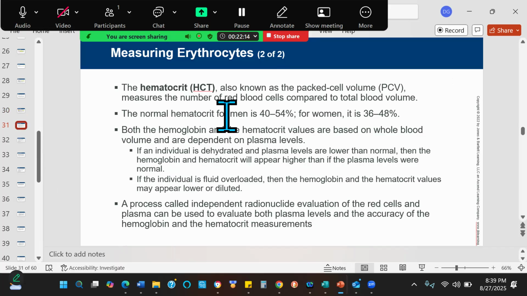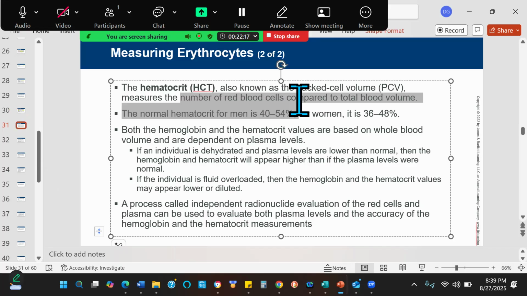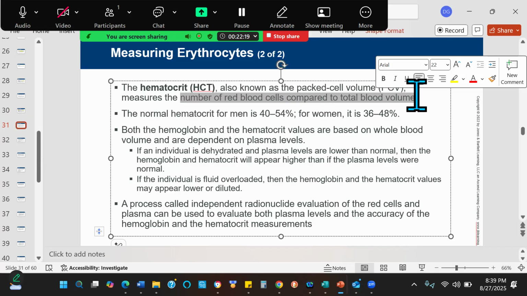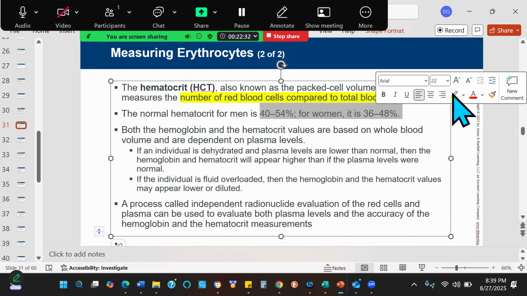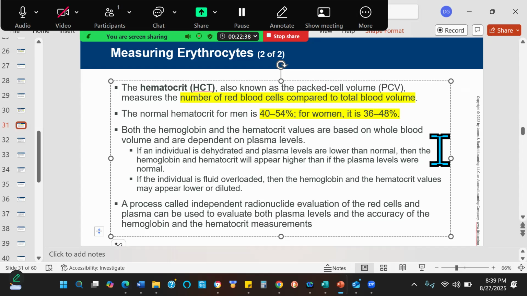Hematocrit measures the number of red blood cells compared to the total blood volume. So you might think of it as how concentrated the blood is with red blood cells. Normal for men about 40 to 54, women 36 to 48 for the same reasons we mentioned. And both these things are based on the whole blood volume and are dependent on plasma levels.